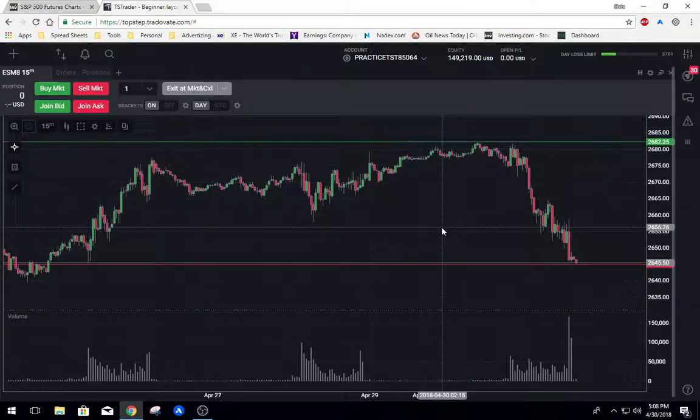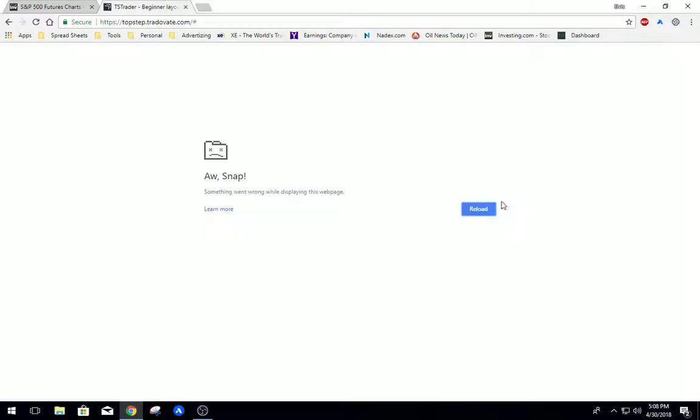So I hope you guys understand what the settings are and how we're looking to achieve it: safer entries and more profitable entries on the market.